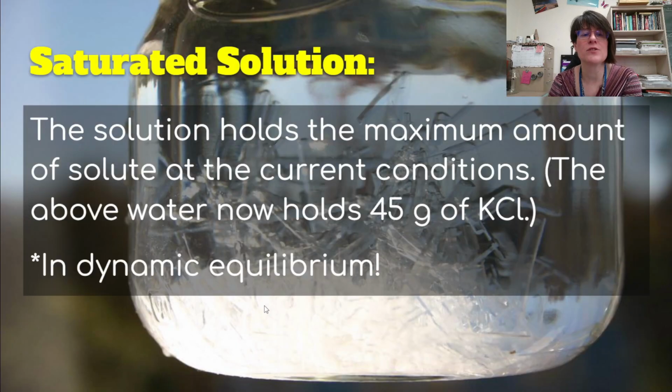A saturated solution means that the solution holds the maximum amount of solute at the current conditions. So in the previous example, the water now holds 45 grams of KCl. It is saturated. It holds as much as it can at 60 degrees Celsius. And we also say that this solution is in dynamic equilibrium. What that means is that you can see we know it's saturated because there are crystals down here.